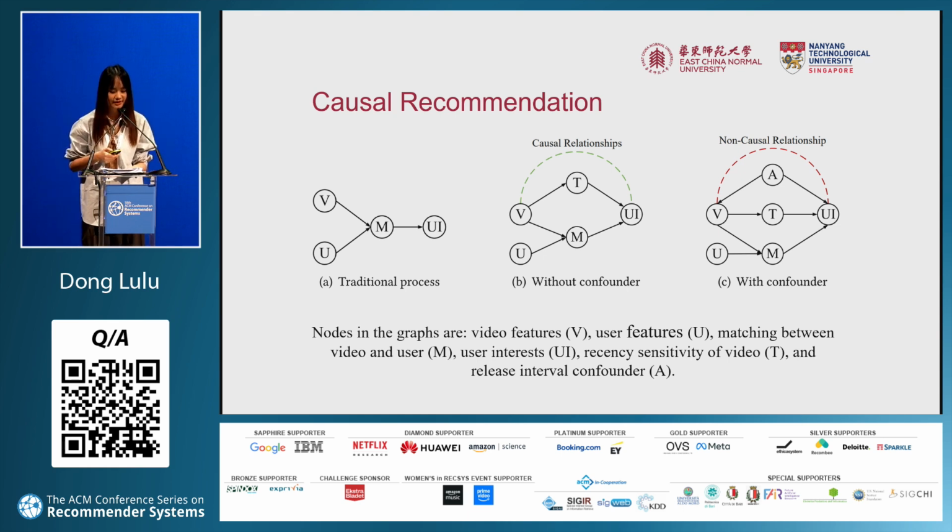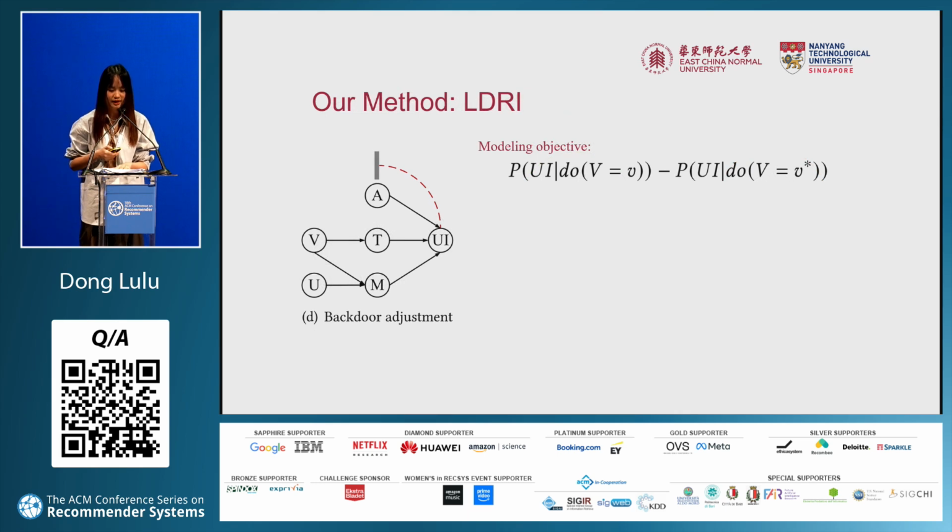Figure C highlights that the release interval creates a non-causal shortcut between newer videos and positive feedback, making the recommendation biased. Our proposed method, LDRI, uses a technique called backdoor adjustment to block these shortcuts and remove the bias. Simply put, the causal effect of a video on user interest is measured by changing the video status from a reference point to a target point, essentially intervening on the video.